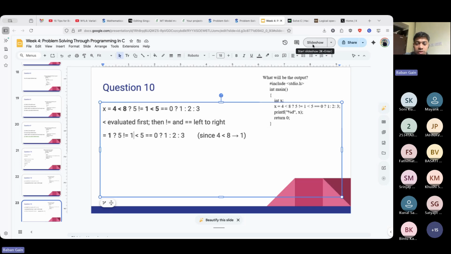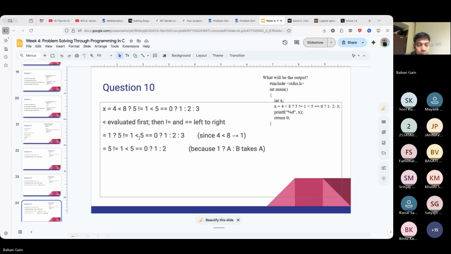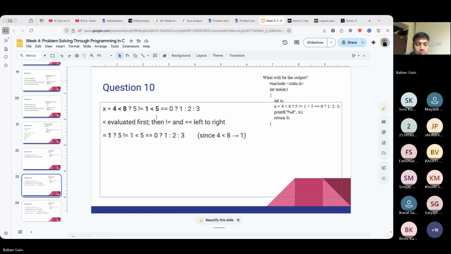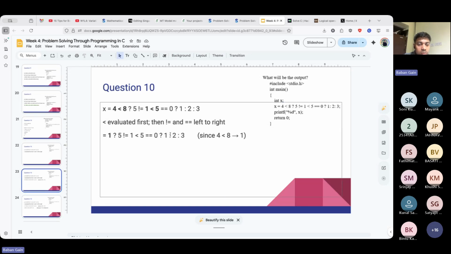Okay, let me go to the next step. Okay, so one less than, let me write it like this again.